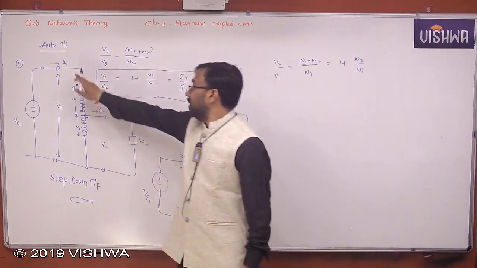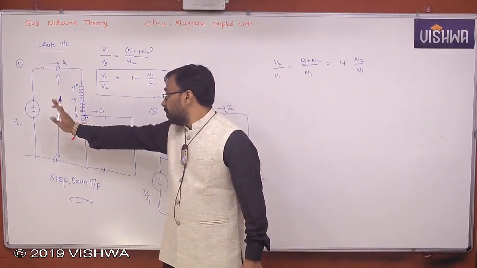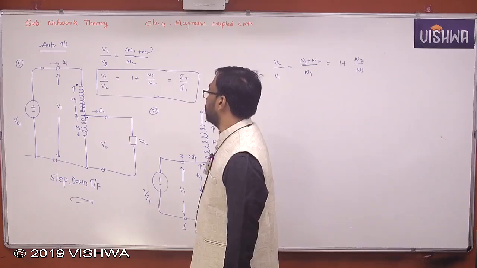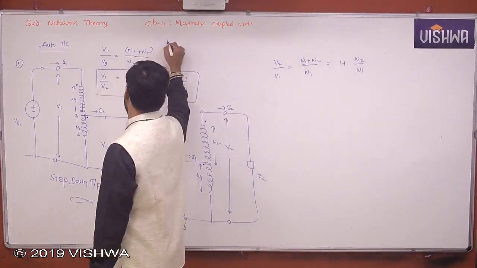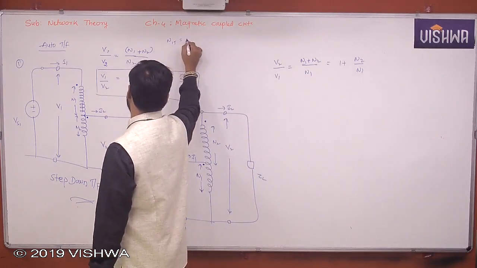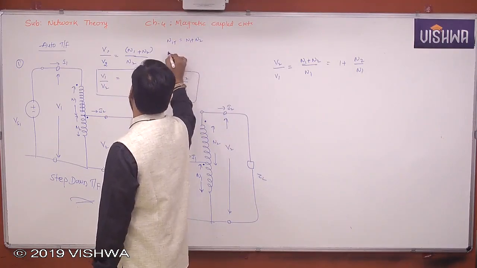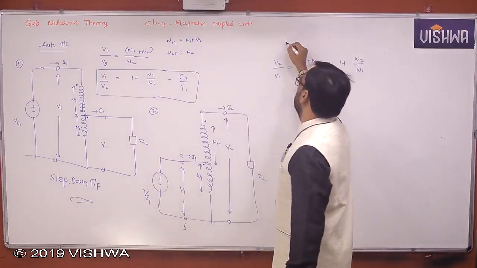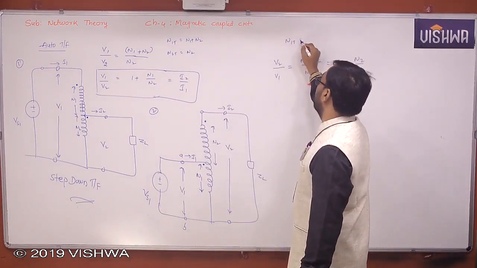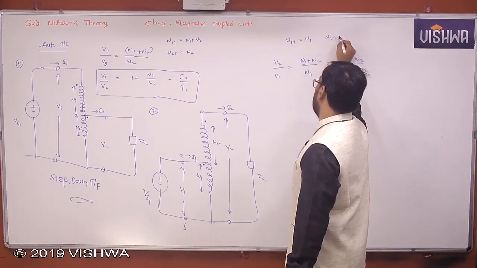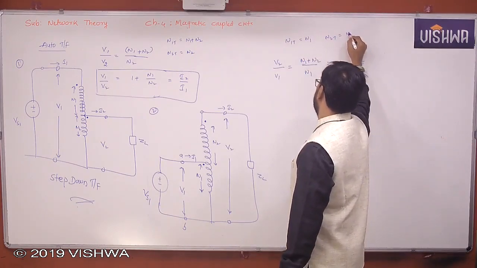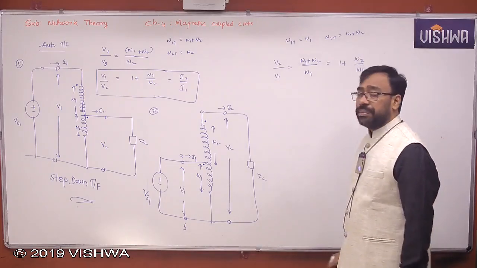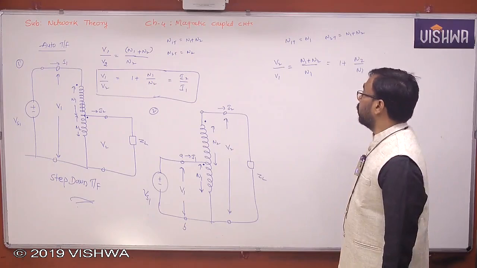So total number of turns on the primary side will be, okay, total number of turns in the primary, because I can say otherwise N1 total is N1 plus N2. N2 total is only N2. Whereas here N1 total is N1 and N2 total is what? N1 plus N2. So obviously when V2 by V1 is taken, you are supposed to take the total only.